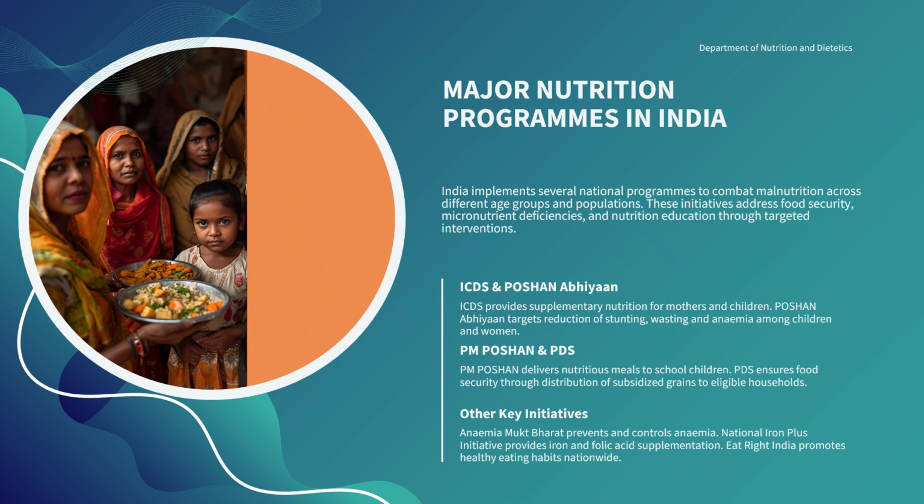PDS ensures food security through distribution of subsidized grains to eligible households through ration cards and also fair price stores. Other key initiatives: Anemia Mukt Bharat prevents and controls anemia, and the National Iron Plus Initiative provides iron and folic acid supplementation. And Eat Right India promotes healthy eating habits nationwide.